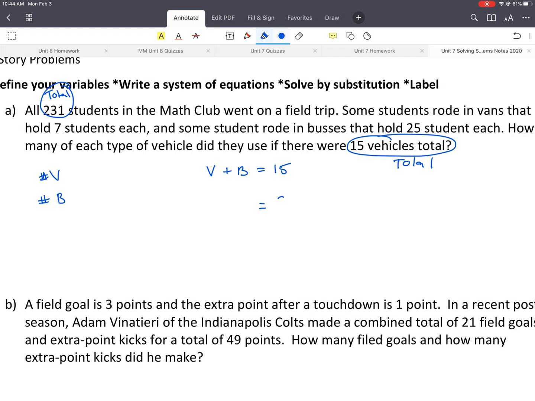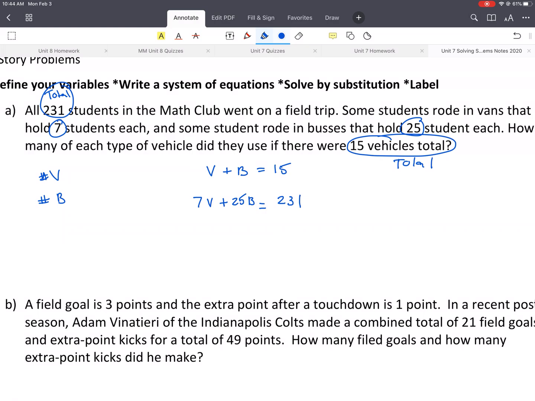So one of our equations is going to be 231. We're also going to have to use the other two numbers, like 7 students for a van and 25 for a bus. So here we have 7 students per van plus 25 students per bus.